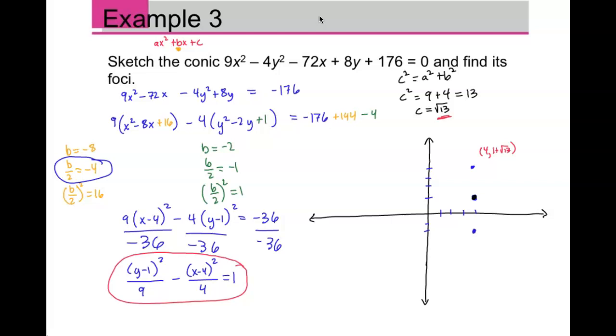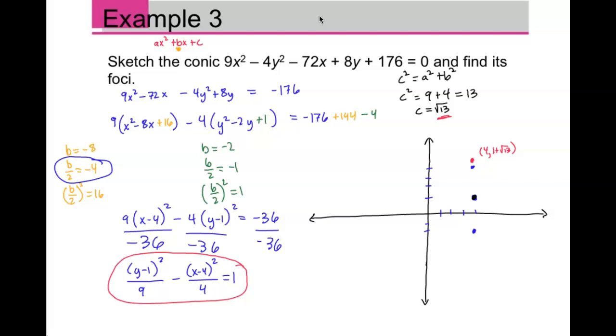Well, what's root 13? A little more than 3, a little less than 4, right? The square root of 9 is 3, the square root of 16 is 4, 13 is in between. So pretty close to 3.5, right? So 1 plus 3.5 is 4.5, so it's just going to be a little bit above 4. Does that make sense?